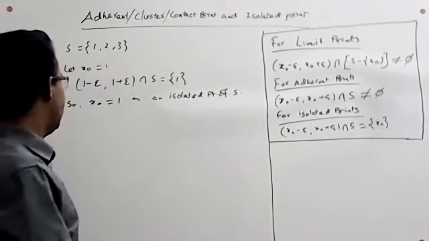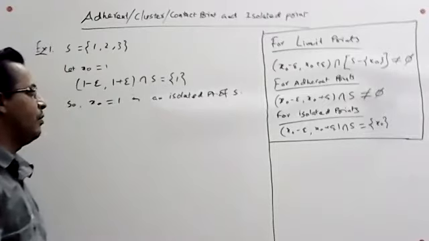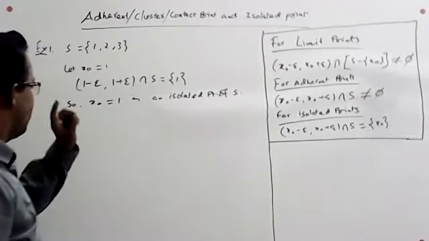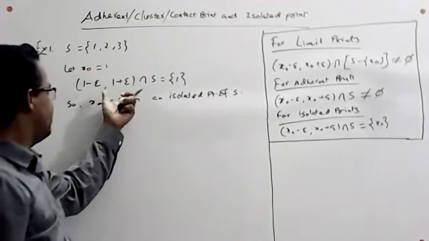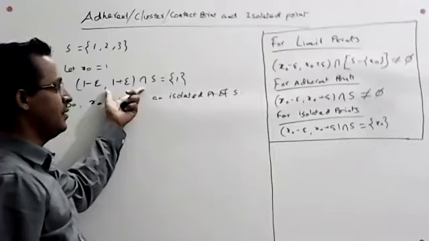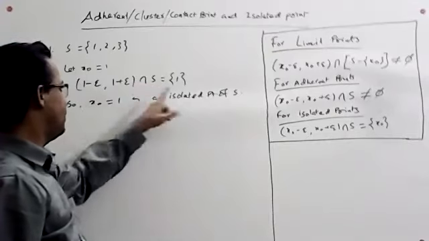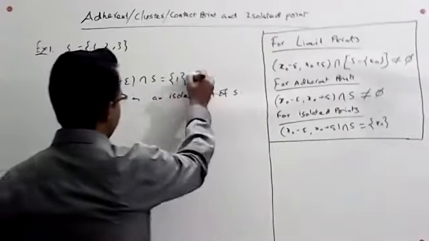Now we check the adherent points of this set. Again, if we take x0 equal to 1, then this intersection must be non-empty. We see here that this operation results in {1}, which is non-empty.